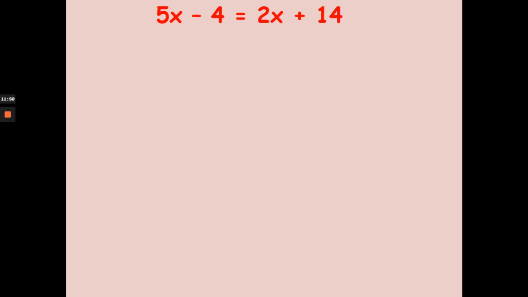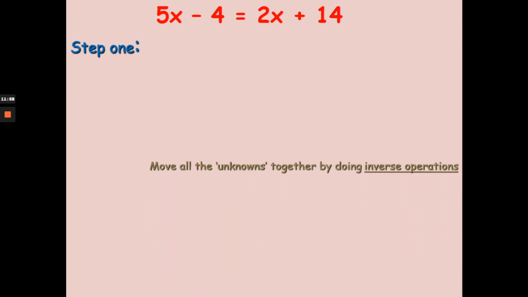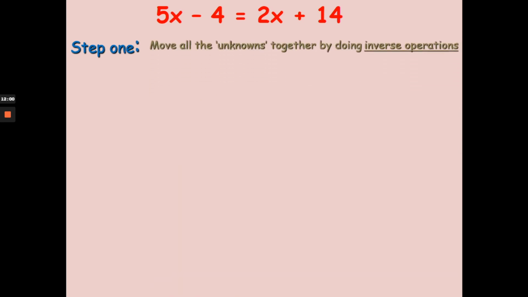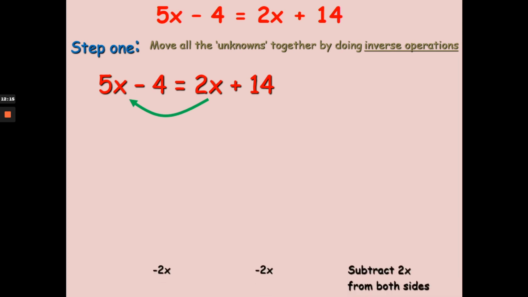I'm now going to talk you through how to solve something with x on both sides, with an unknown on both sides. And the way to do this is we have to move all the unknowns, so all the x's or all the letters, together by doing inverse operations. So there's our question. The first thing I need to do is get all the x's on one side, so 5x and 2x.